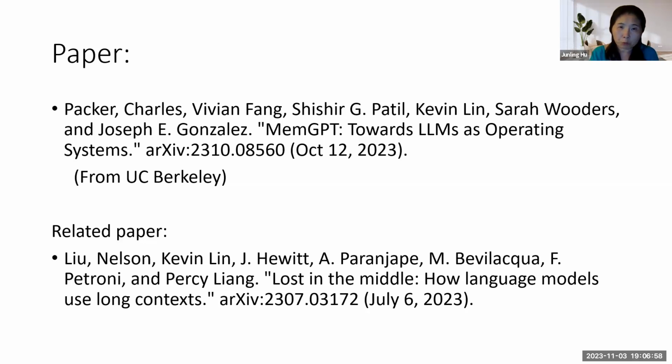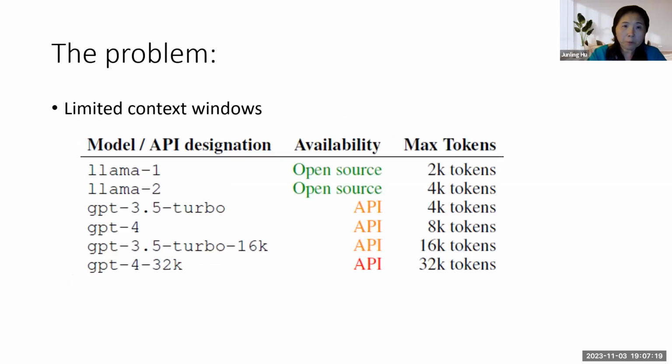If you use a retrieval RAG-based method, how do you utilize the content you retrieve, and is that effective or not? So today's paper tries to address the problem discovered in the previous paper. Let's look at the actual problem people face.